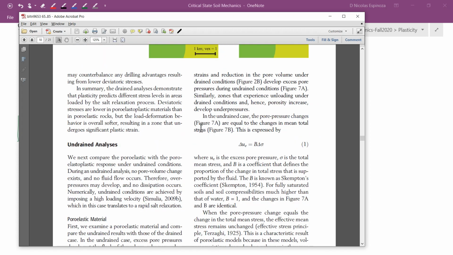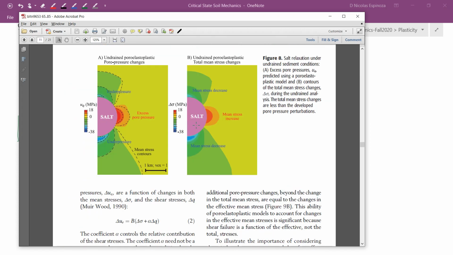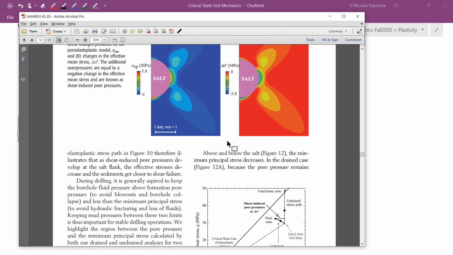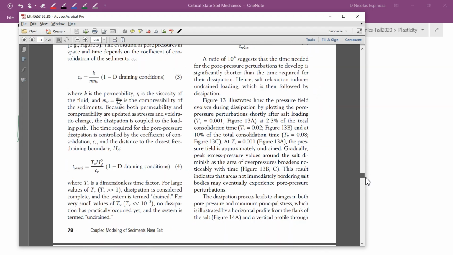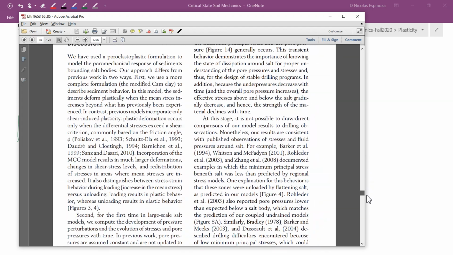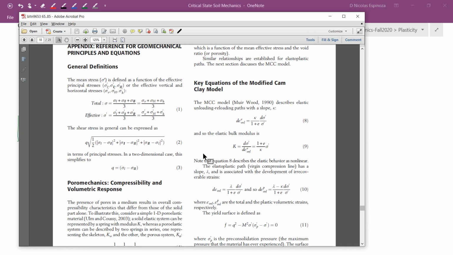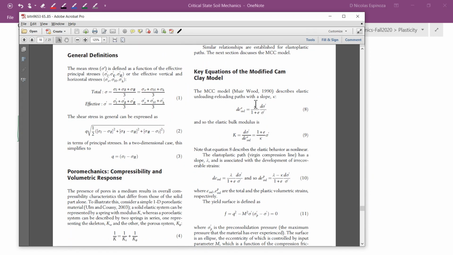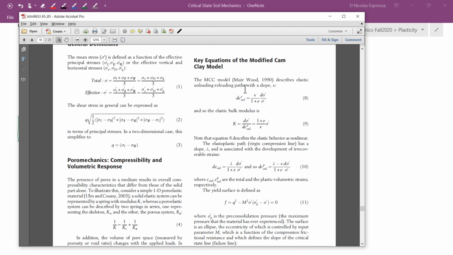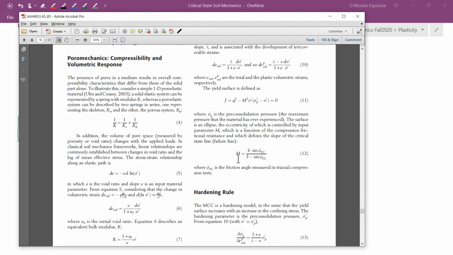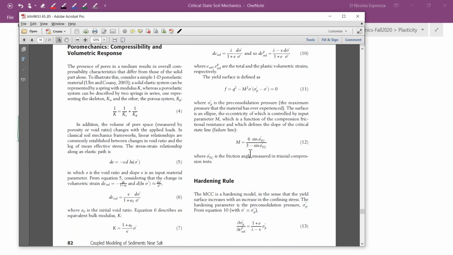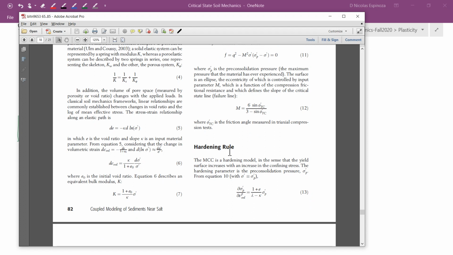But what I want to highlight the most here is that the equations that they use are very similar to the ones that we have used in this class. And if we go to the appendix, here you see the kappa, the void ratio, the change of volumetric strain for the elastic part, for the plastic part, the yield surface, the same one as the one that we used, the slope of the critical state line, again the same thing, and the hardening rule.